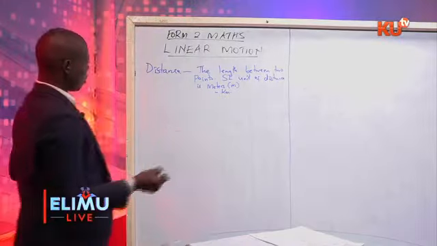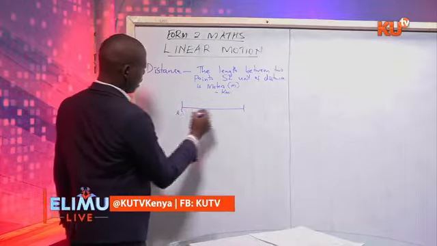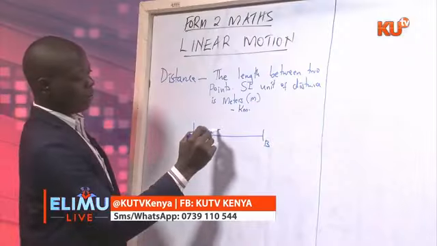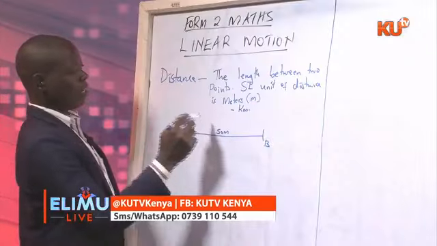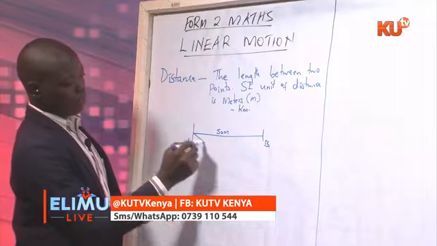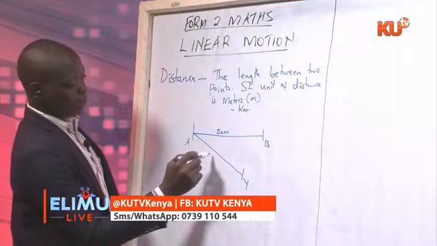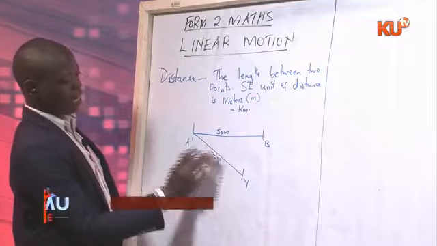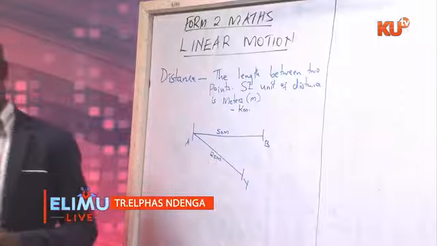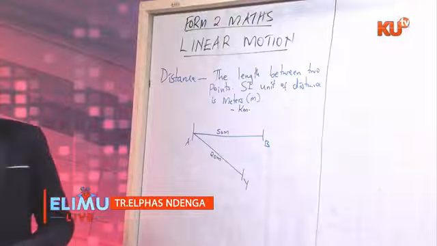For example, if you are talking about these two points, this is the point A and B, the distance between these two, assuming this is 50 meters, then this is what you are calling the distance. If I draw another point, let's say a point Y, then AY, assuming it is 20 meters in length, that is the distance. So distance is simply the length between two points, given in terms of meters.